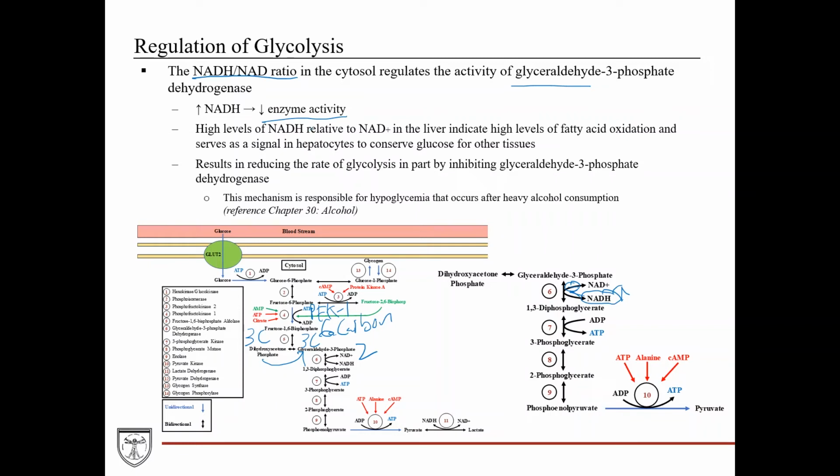Now, one thing to note here, and we'll talk about this more in fatty acid metabolism, is that high levels of NADH relative to NAD+ in the liver indicate high levels of fatty acid oxidation.